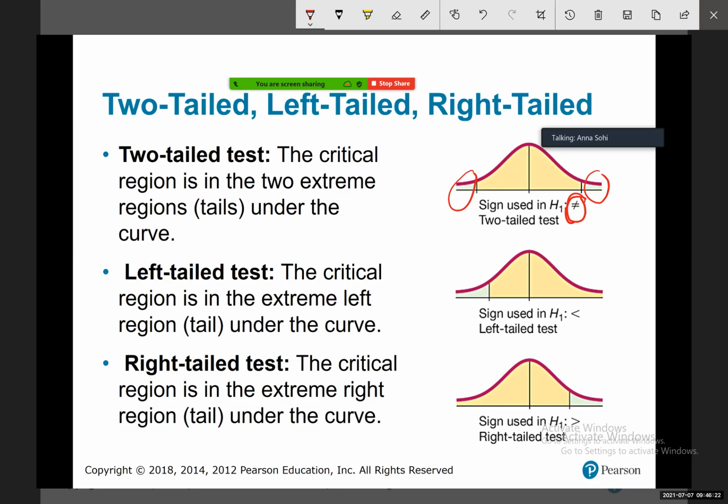If it's less, you're talking about the lower part of that normal graph. If it's greater, you have the upper part. This is the right side of the graph, so it's right-tailed. This is the left side, so it's left-tailed. And this is both sides, so it's two-tailed.